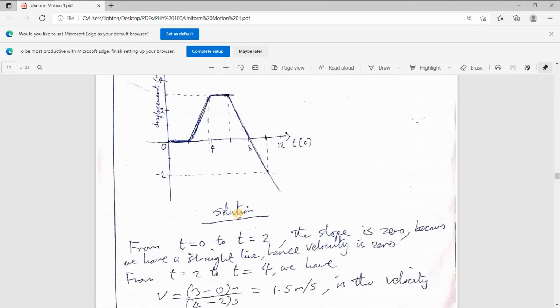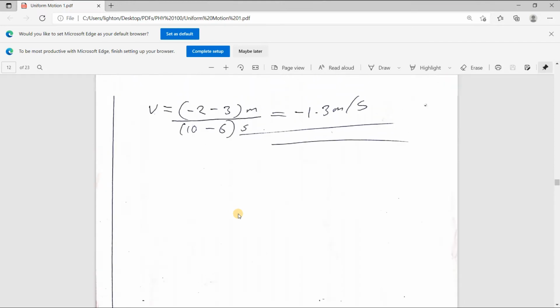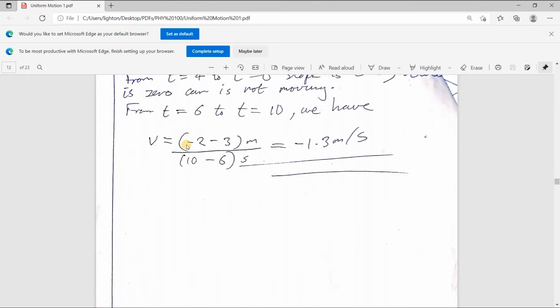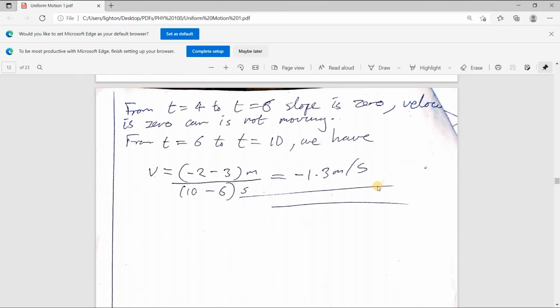So negative 2 minus 3 divided by 10 minus 6 gives minus 1.3 meters per second. So between t equals 6 and t equals 10, this object is moving with a velocity of negative 1.3 meters per second.